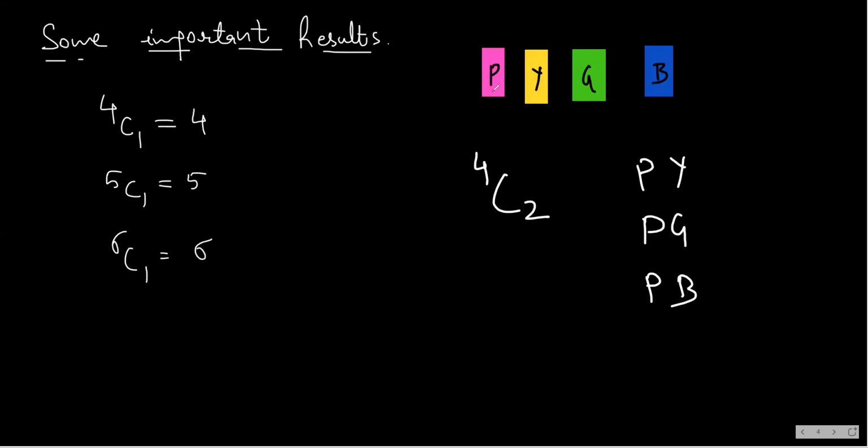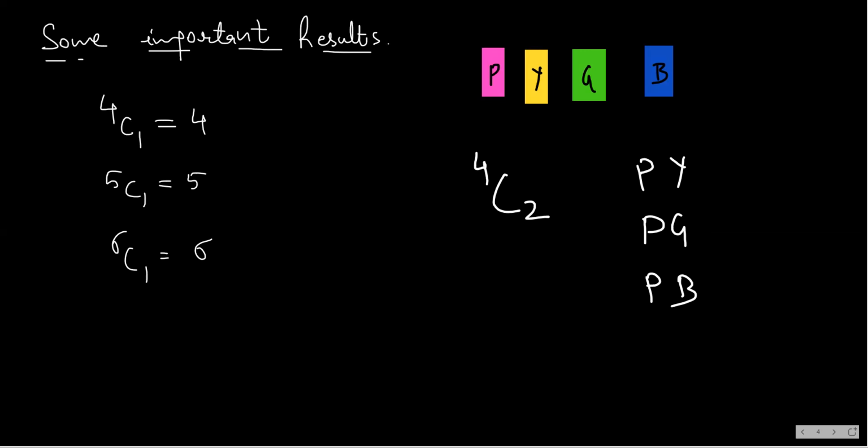Okay, pink, yellow, pink, green, pink, blue, or you can select YG, YB, or you can select GB. Now from 4, you can select any 2 in 6 different ways. Again, the order is not important. PY, YP same, PG, GP same. So you can select it in 6 ways if it is 4C2.